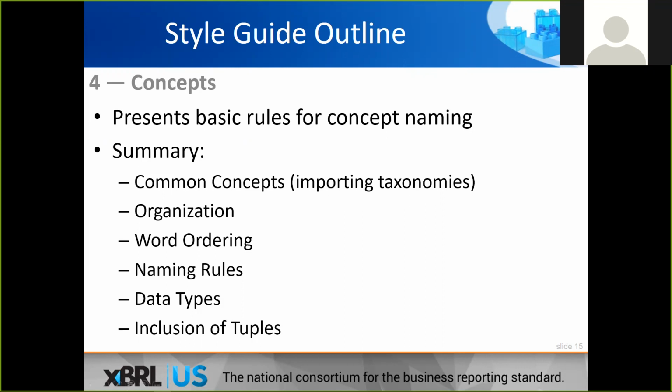So we discussed naming rules, and we discussed data types, an area that we're kind of in flux with. We included tuples, depending on how you want to pronounce it, with the idea that if people want to use them, they can. There's been some feedback already saying we're trying to dissuade folks from using tuples.